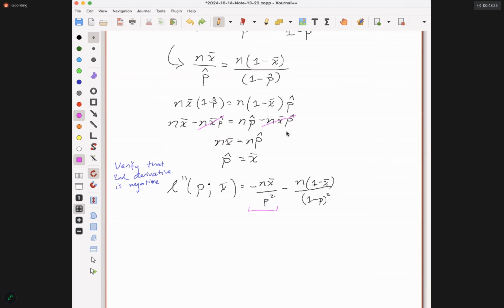What I'm trying to determine is whether this whole thing is less than or equal to 0, or specifically less than 0. So what can I say about this fraction here that's useful to that end?